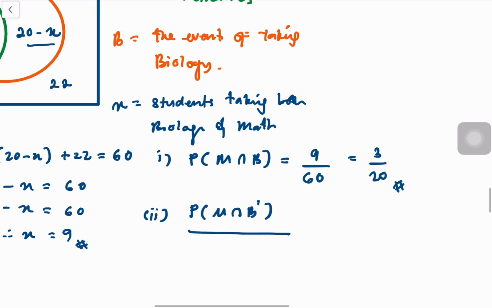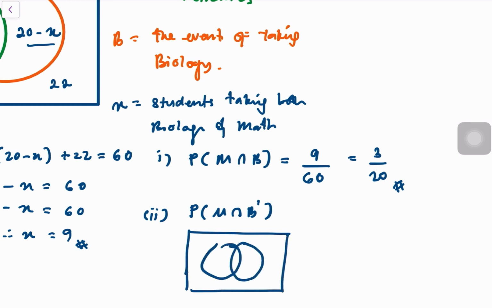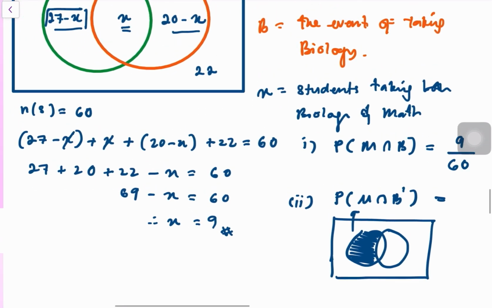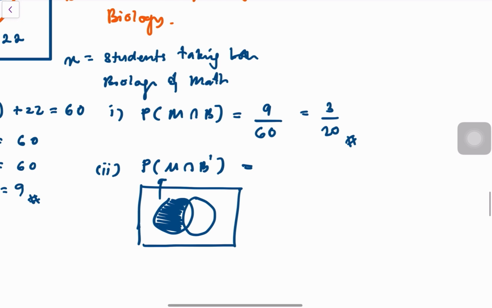If I illustrate in the Venn diagram, this is the region we are looking for, equivalent to M intersection B complement. So this is 27 minus x, which is 27 minus 9, equal to 18, divided by the sample space 60. After simplifying, you get 3/10.